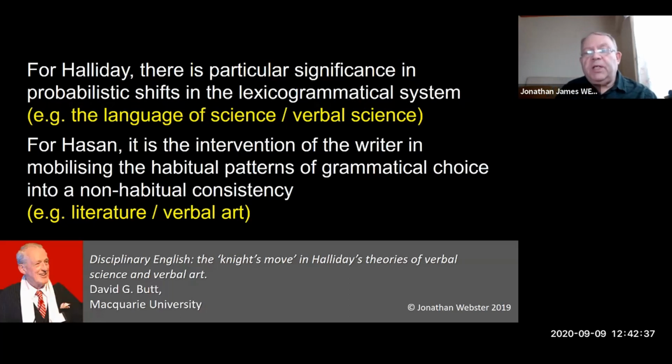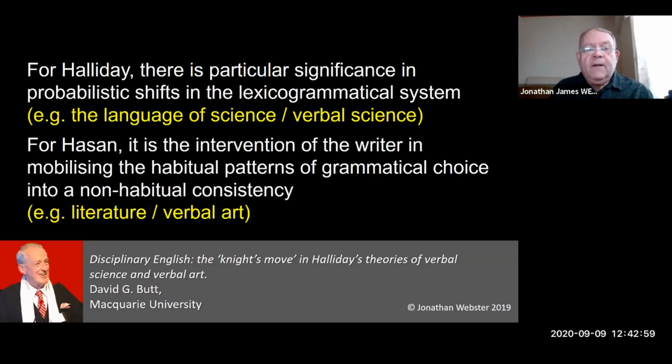That is what I'm going to be explaining to you today. In what sense this idea of metaphor is creating, developing the language of science. Now, that represents, Halliday is saying, the probabilistic shifts, the drifts.